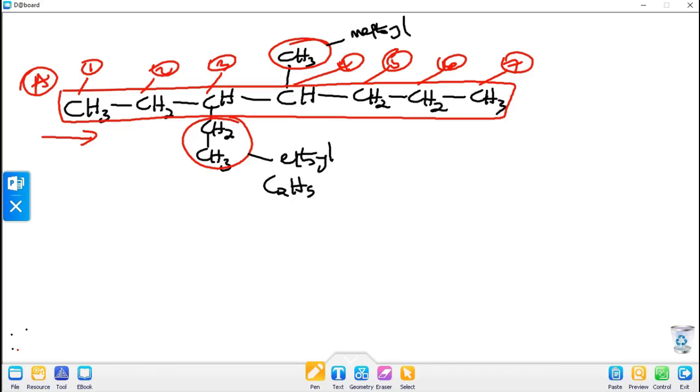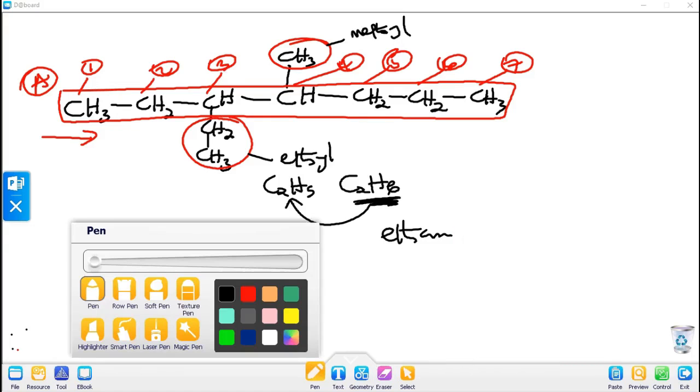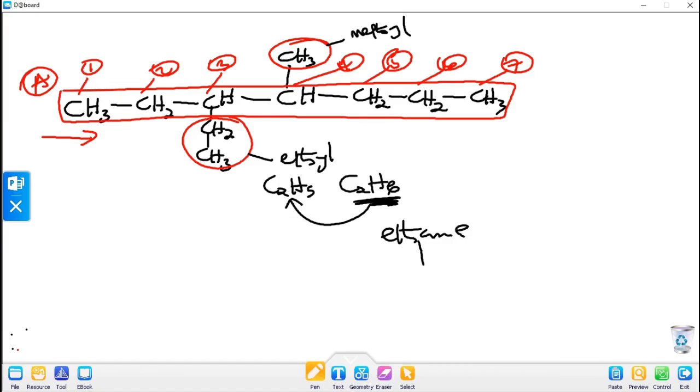And we know from our knowledge in alkanes that C2H6 is ethane. And when alkanes lose one hydrogen atom, they become alkyls. So when ethane loses one hydrogen atom to become C2H5, it's no longer going to be ethane, but what?